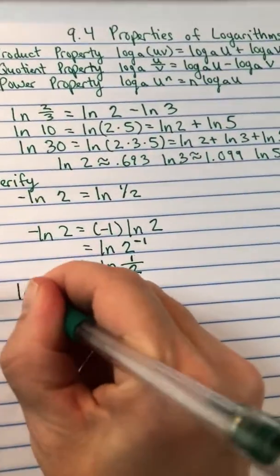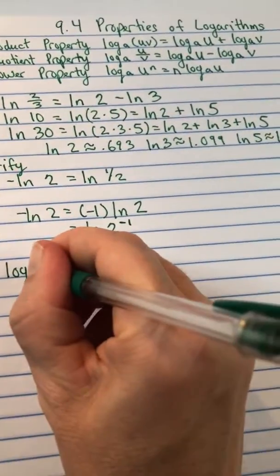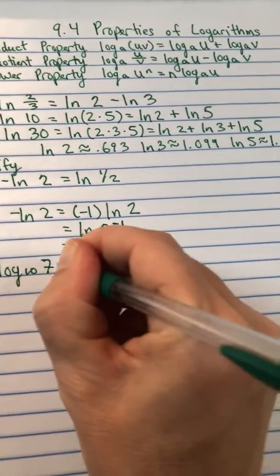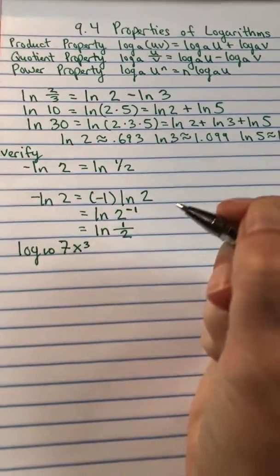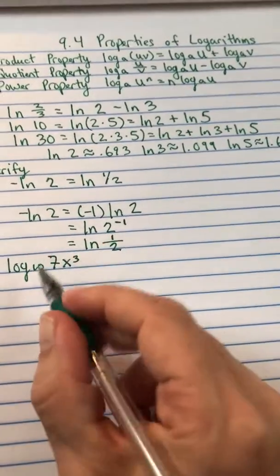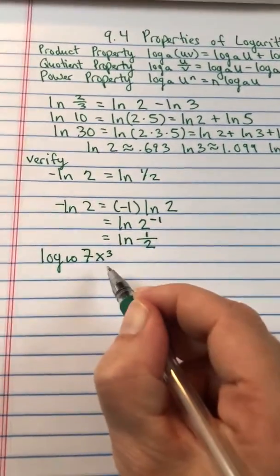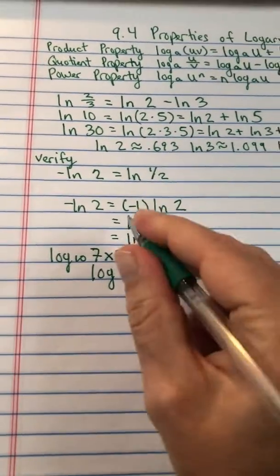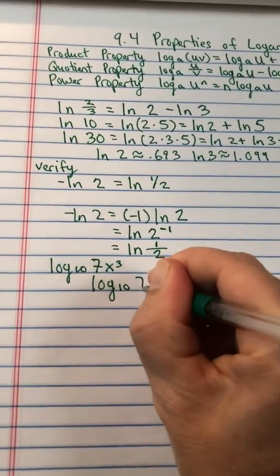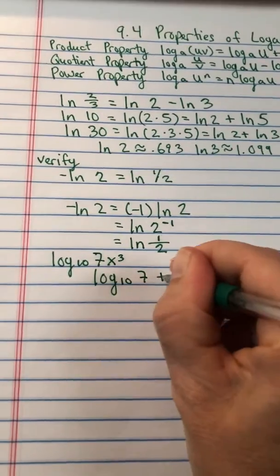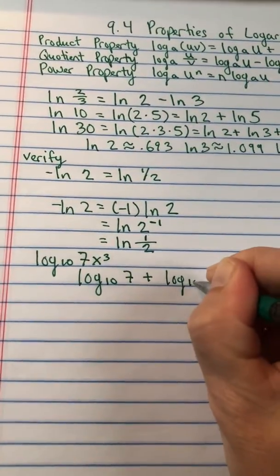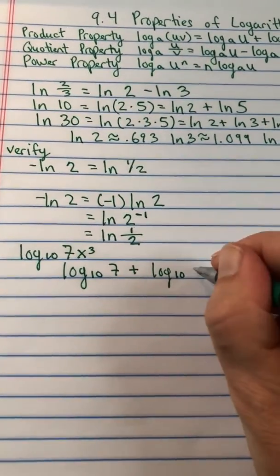All right, if we have log base 10 of 7x cubed, we want to rewrite this. Okay, so because it's the same base and they're being multiplied, we can write that as log base 10 of 7, it's being multiplied, so plus log base 10 of x cubed.